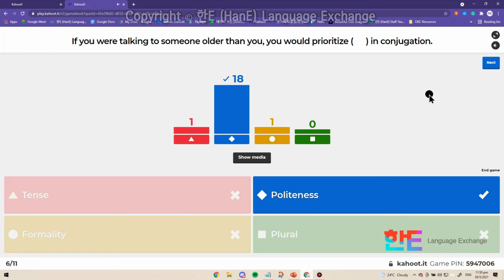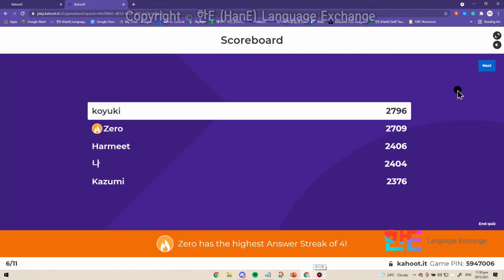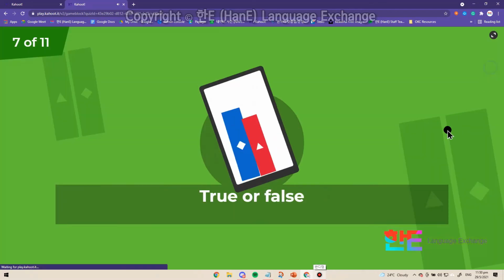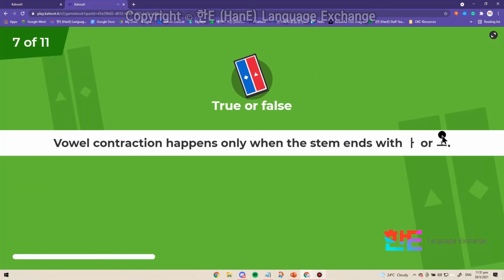Wow, most of you got it correct. So politeness and formality is situation based. Tense wouldn't really matter as much in proportions.